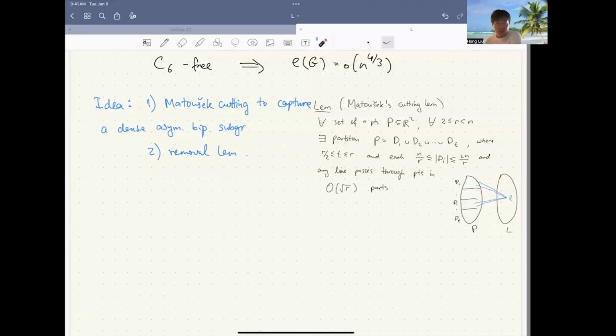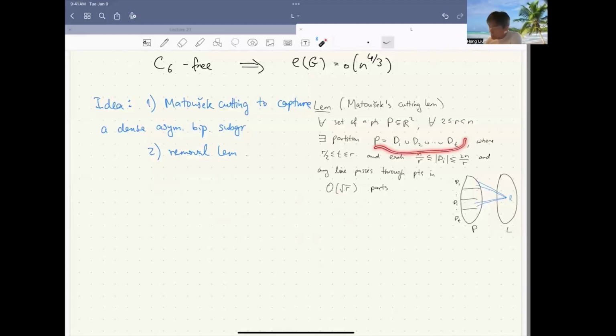Such that, so where's the clustering of edges? In this case, the clustering is reflected by the fact that every line that we take after we have this partition can only go through points in roughly square root r many parts.